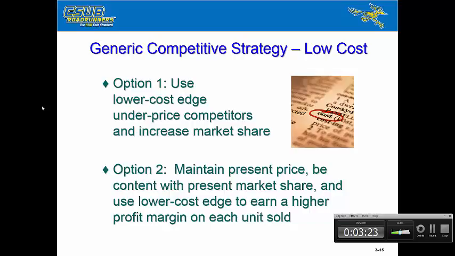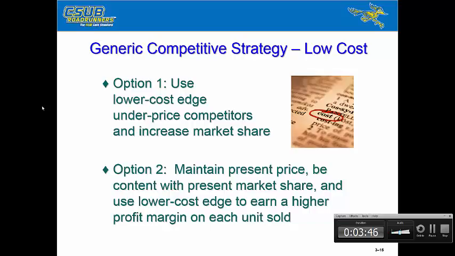So Walmart is a good example of passing on low costs to customers. Robert Half, the headhunting company that I used to work for, is a good example of the second strategy. We didn't have any lower prices than any of our competitors.